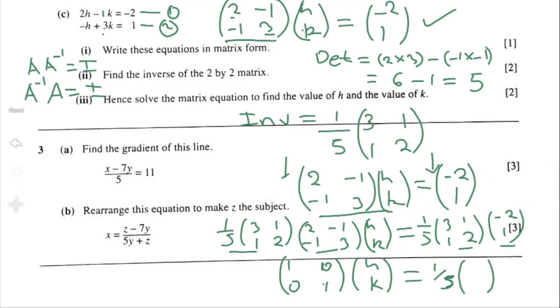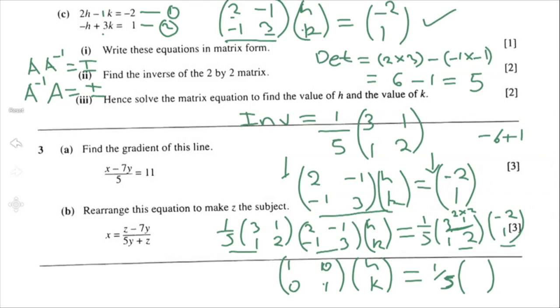So if you multiply this 2 by 2 matrix and that matrix there, what matrix are we going to get? Remember, you multiply the first row by the column matrix on the right. So here it's 3 times negative 2, that's negative 6, plus 1 times 1, it's 1.